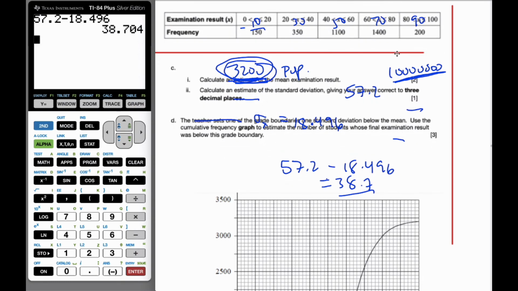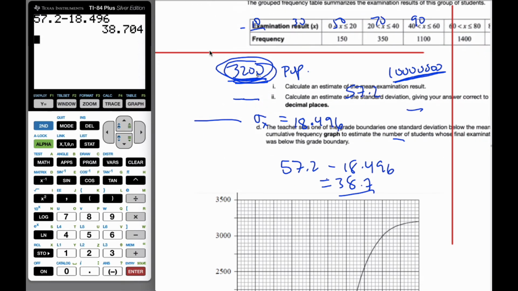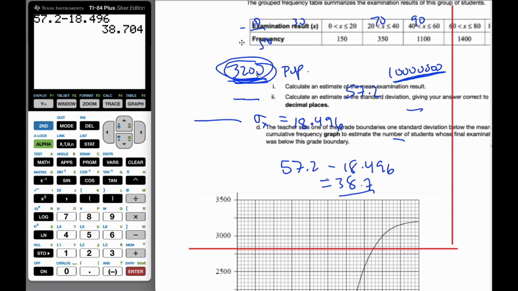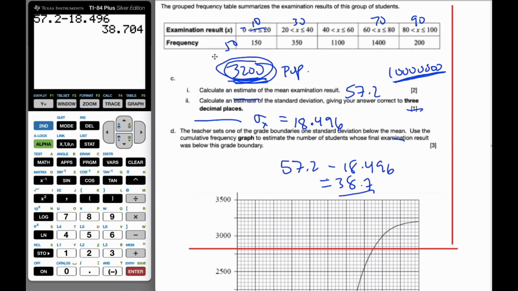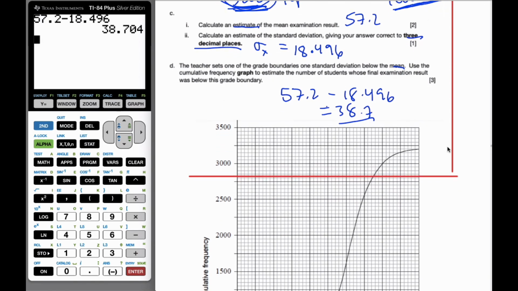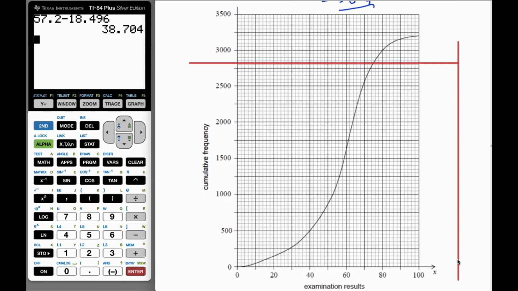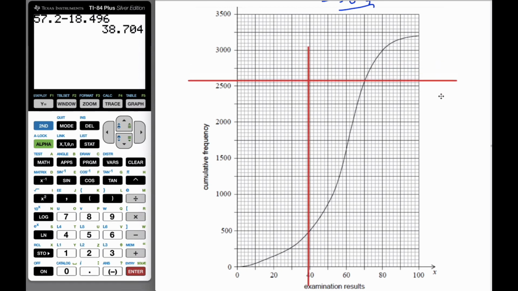So if I take my red thing here, see, can I put this back? Okay, and if I take this one as well, I'm looking for 38.7. Well, there's 38. So the 38.7 is going to be somewhere in here, somewhere in this region.